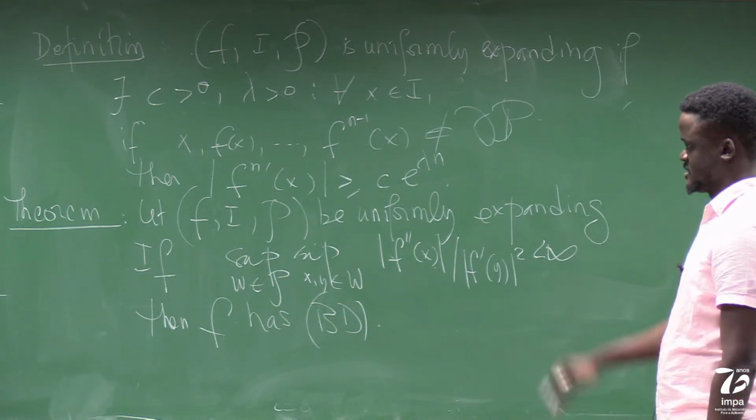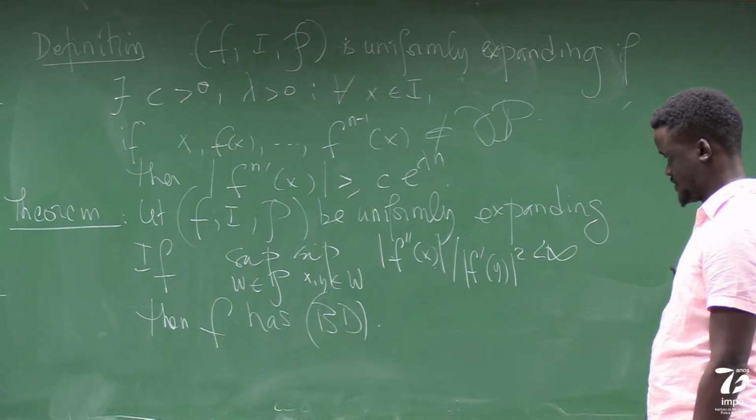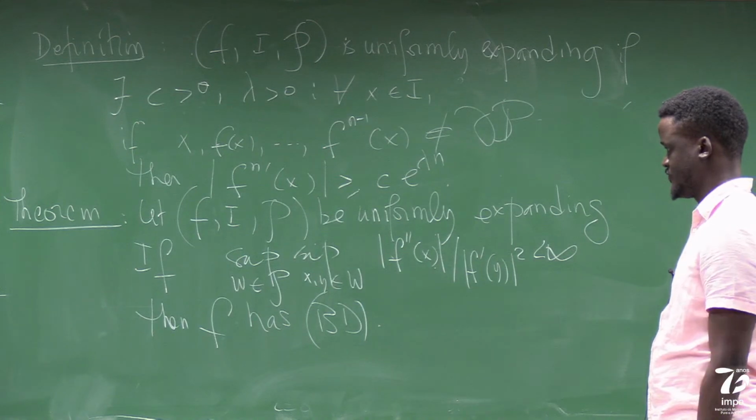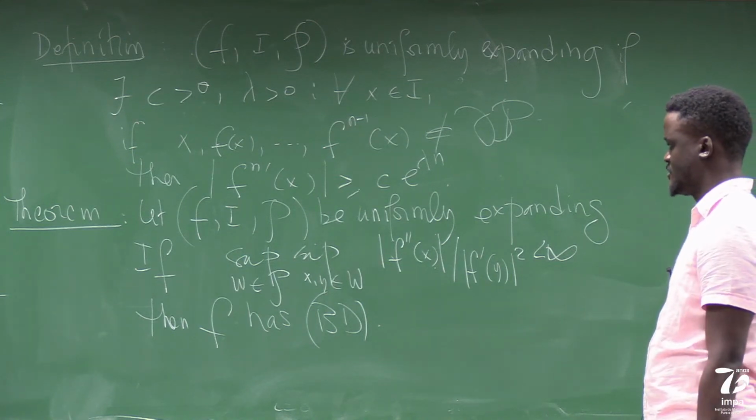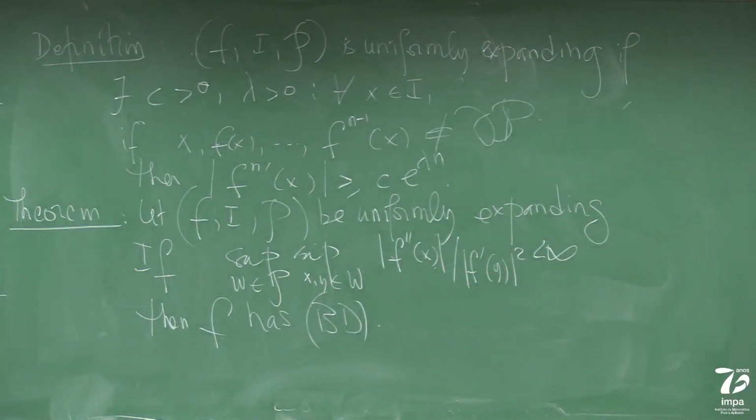Okay, so this is a condition that would imply bounded distortion. So in particular, if you have your full branch map, you can just look at this quantity in the partition elements. You don't need to go to n's.